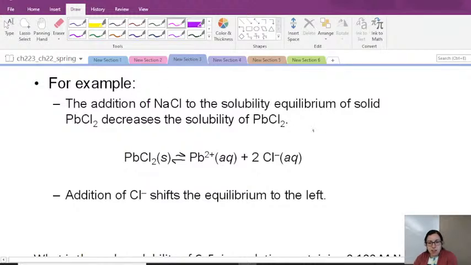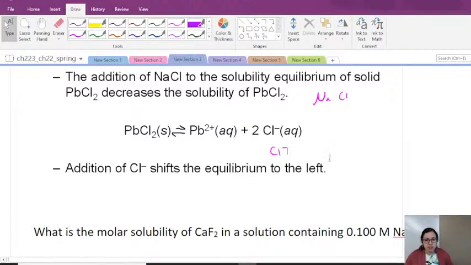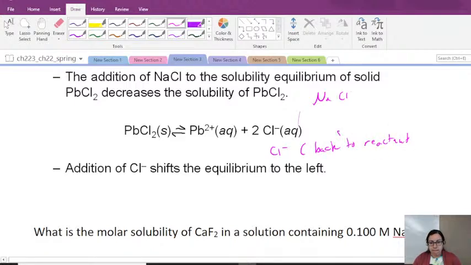So now we add sodium chloride, so it has a common ion effect. If we add product, which way does the equilibrium shift? It goes back towards the left, or favors our reactants. If it's favoring our reactants, obviously that makes it more insoluble. So back to reactants, or shift left.